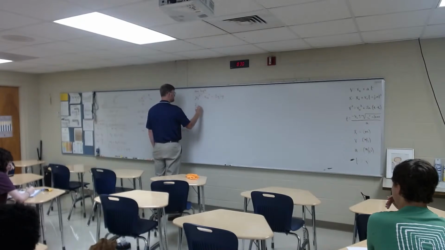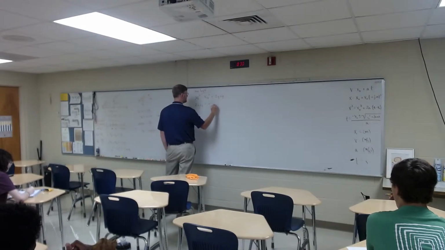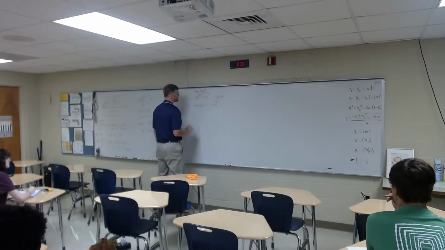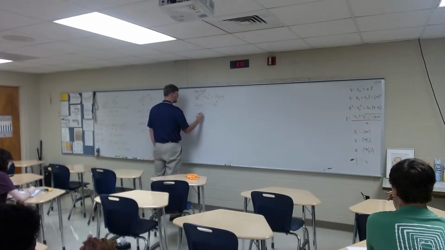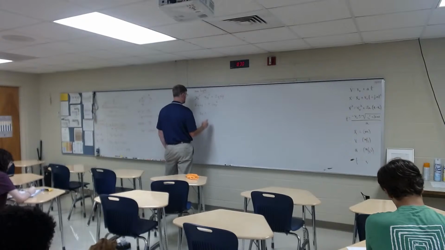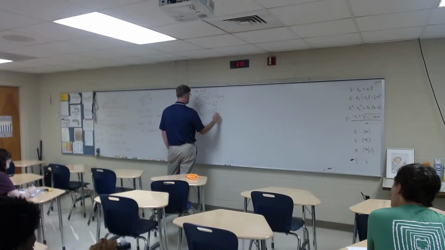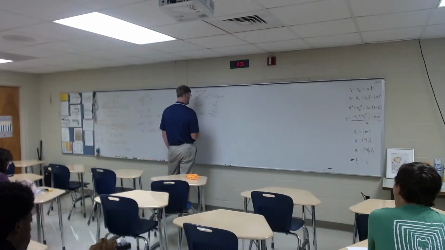So 2g change in y is minus v0y squared. So delta y, which is going to be equivalent to the height, is minus v0y squared over 2g.